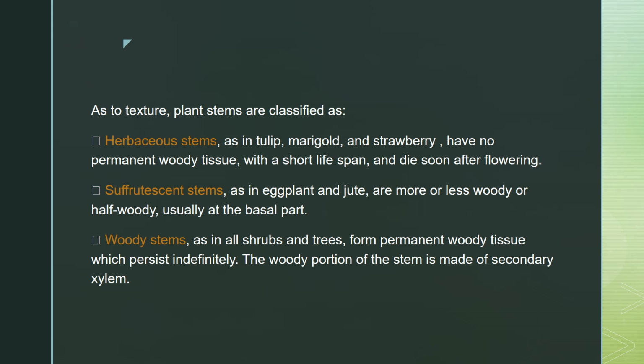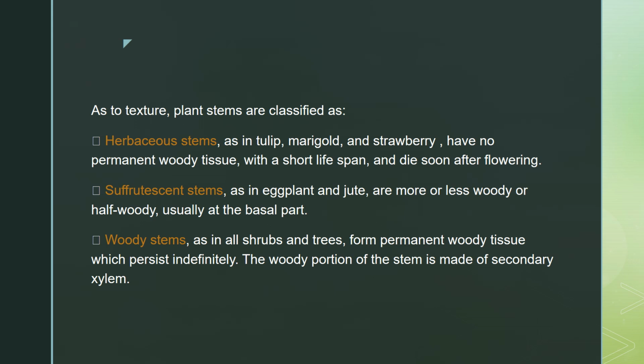So this type of stem has two types of tissues. It has woody tissue at the base of the stem, and at another part of the stem it has a herbaceous stem. You can find it in the eggplant and jute.